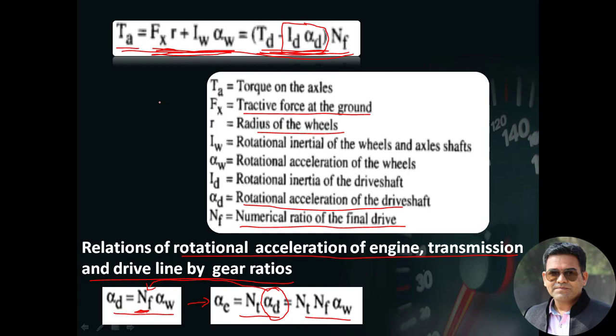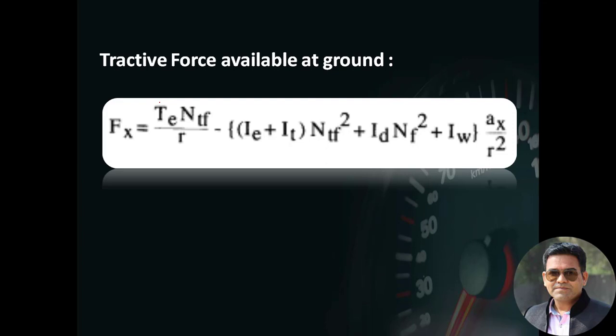Now with the help of this main equation, and with the help of these relations, we can derive the final equation. So the tractive force available at the ground becomes like this. With the help of all the previous equations, we simply replace all terms, and by rearranging all the terms we are getting this final equation for the tractive force.